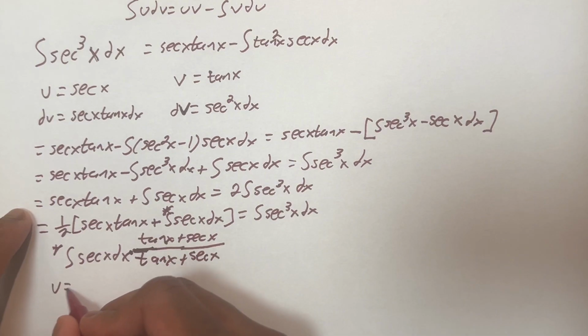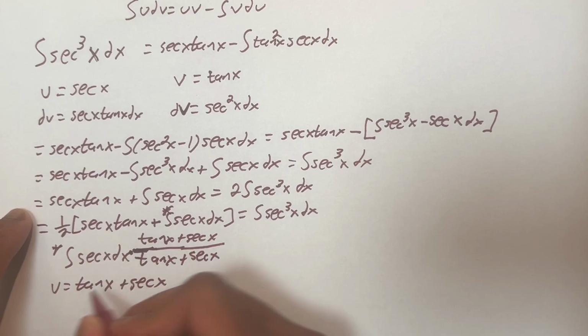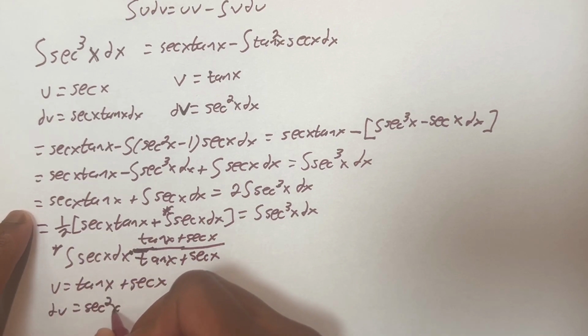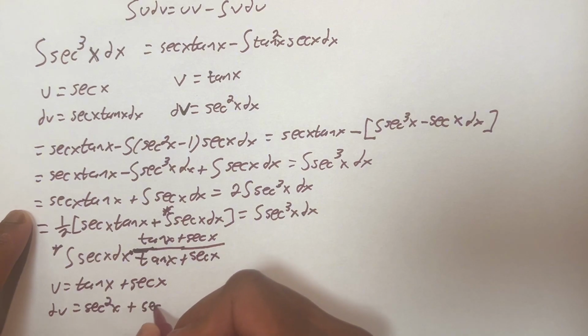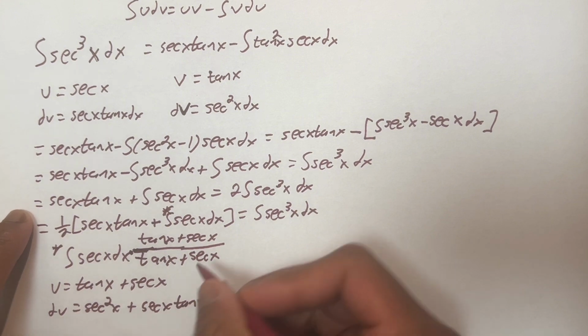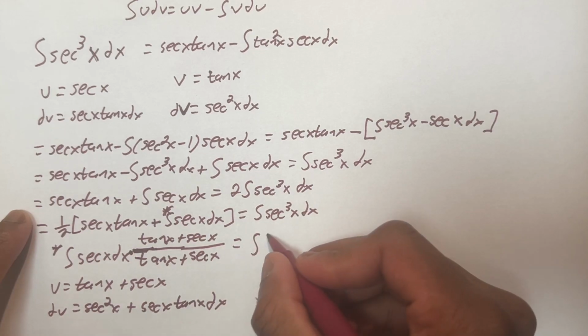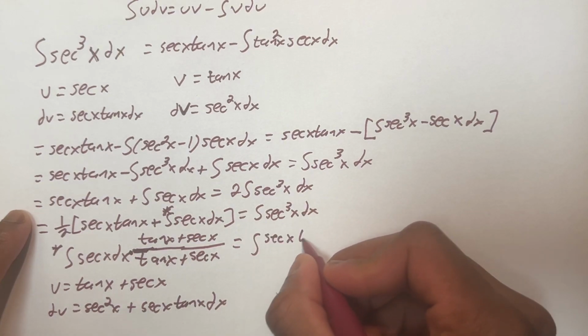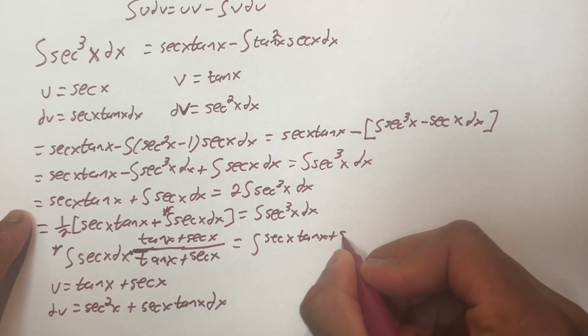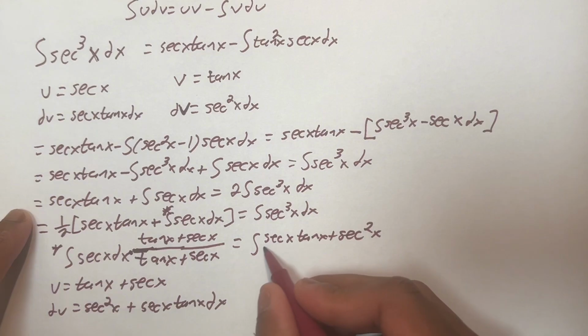So if our u is tangent x plus secant x, what's our du? Well, it's going to be secant squared x plus secant x tangent x dx. Let's look back at this integral. Let's distribute this. So we have secant x tangent x plus secant squared x. It's the same as this.